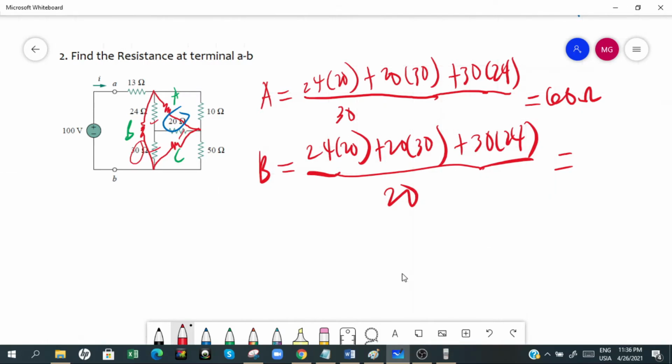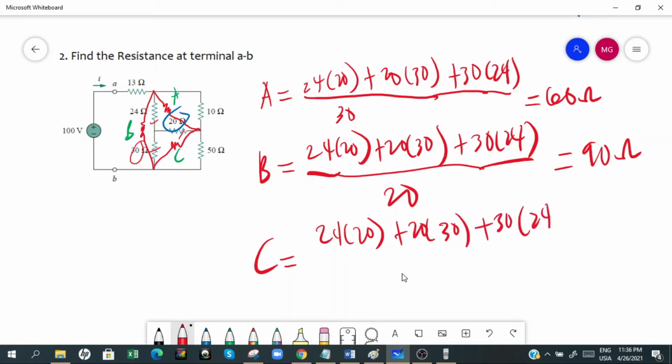So we have here the 90 ohms for B. How about for C? For C is 24 times 20 plus 20 times 30 plus 30 times 24 divided by the opposite for C. Here we see the opposite is this one, so that's 24 ohms.